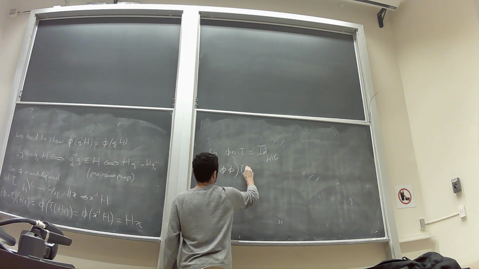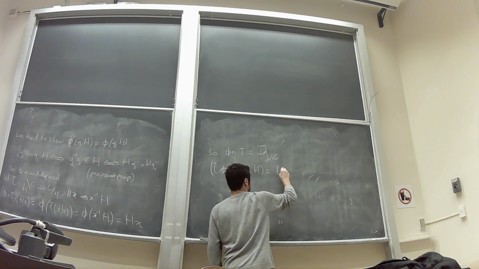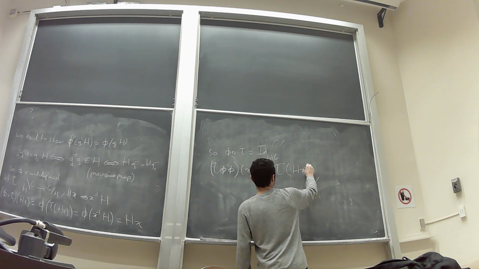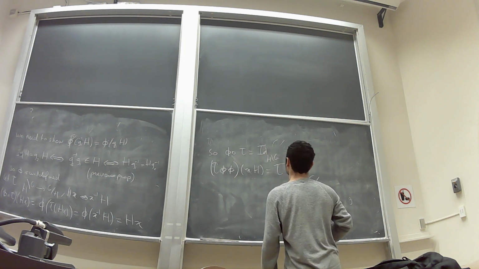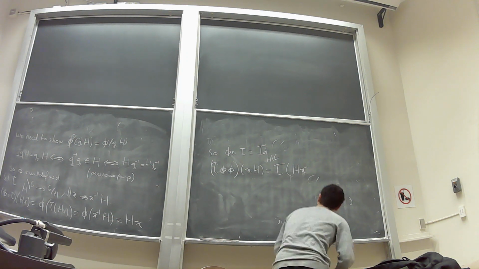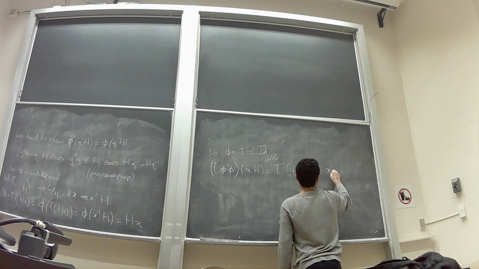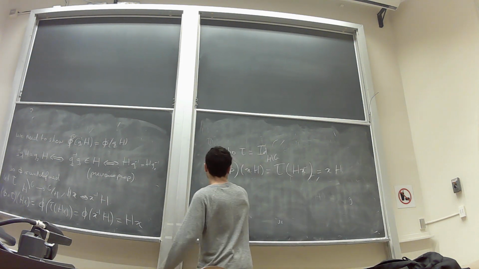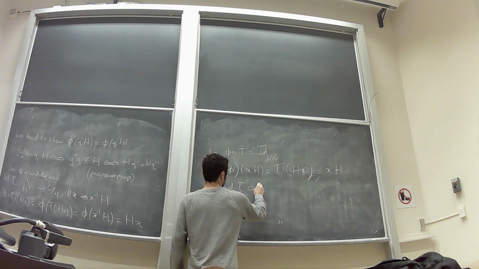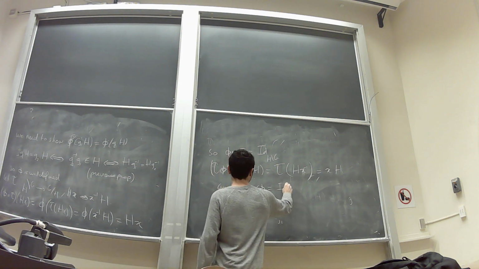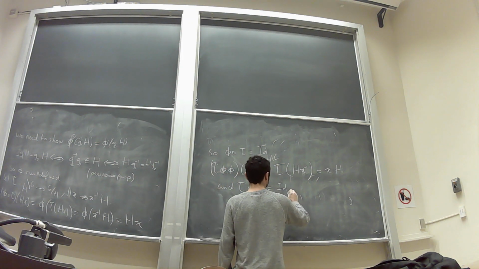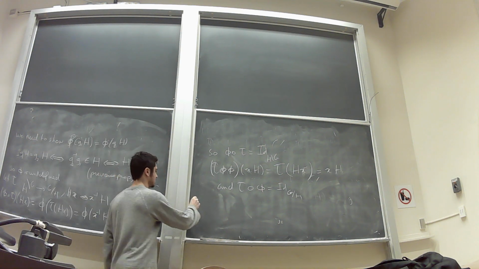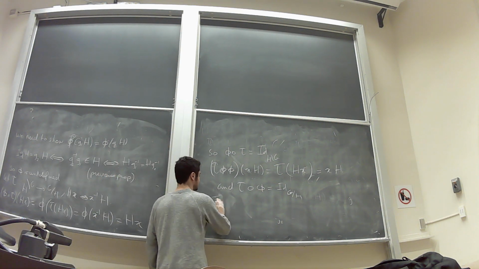of xH is equal to tau of what? What's phi of xH? It is Hx inverse. Tau of Hx inverse is xH, and tau composed with phi is the identity on G mod H. So tau is invertible, so phi is invertible.